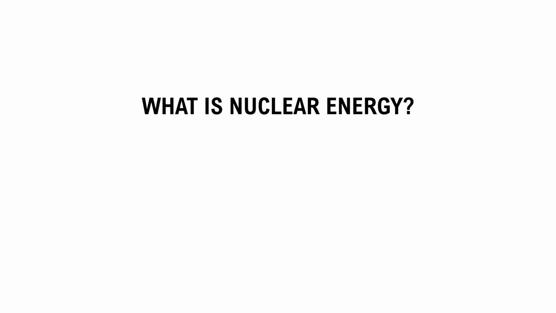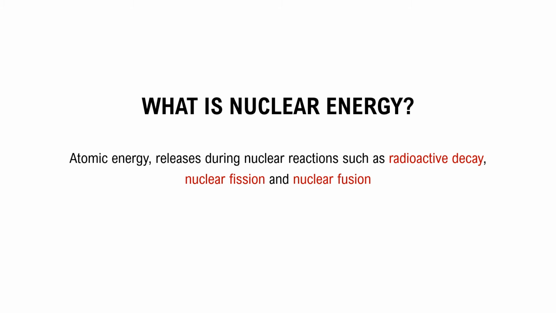What is nuclear energy? Nuclear energy is known as atomic energy released during nuclear reactions such as radioactive decay, nuclear fission, and nuclear fusion. So, there are three important concepts in nuclear reactions, which are radioactive decay, nuclear fission, and nuclear fusion.